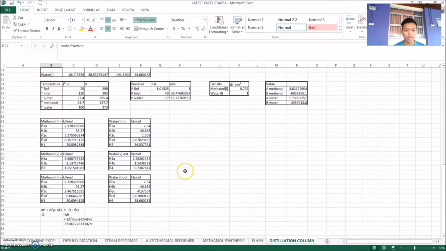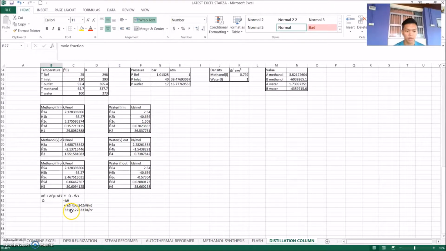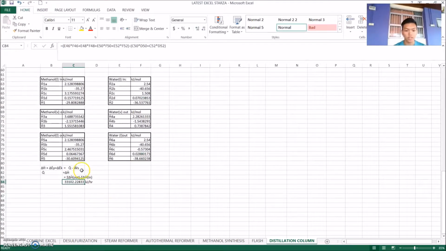And the energy of the end product of the distillation column is this amount, which is a positive amount, meaning the process is endothermic and it needs extra energy supplied into the reactor. And thus the energy required is 33,102 kilojoules per hour.